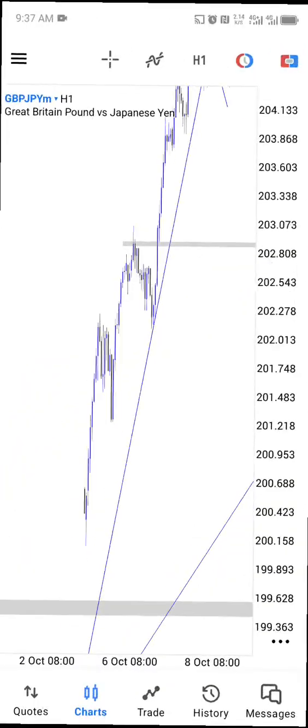So there's that resistance where price is trying to use. Okay, so let's continue now.